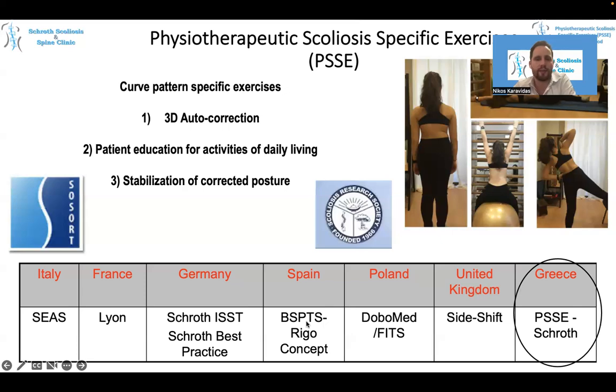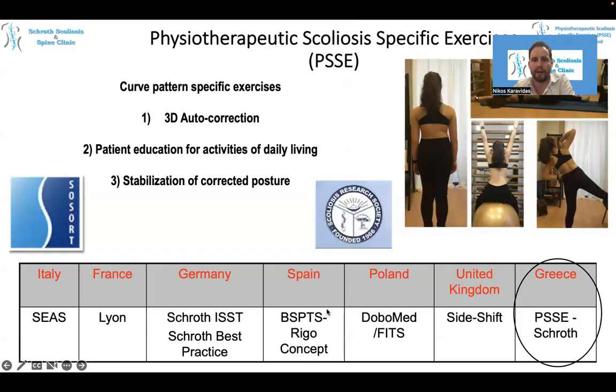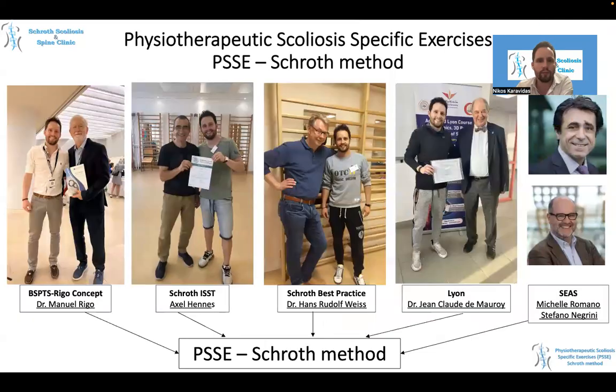Barcelona Scoliosis Physical Therapy School Rigo Concept from Spain, Dobomed and FITS from Poland, SideShift from the United Kingdom, and the latest development for PSSE is coming from Greece, is our technique, the Physiotherapeutic Scoliosis Specific Exercises Schroth method, which will be described in more detail later in this presentation.